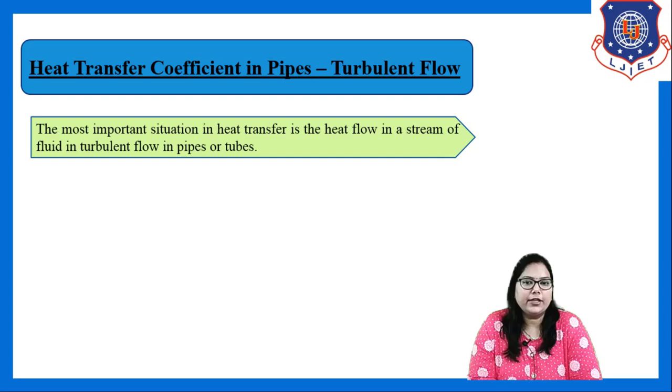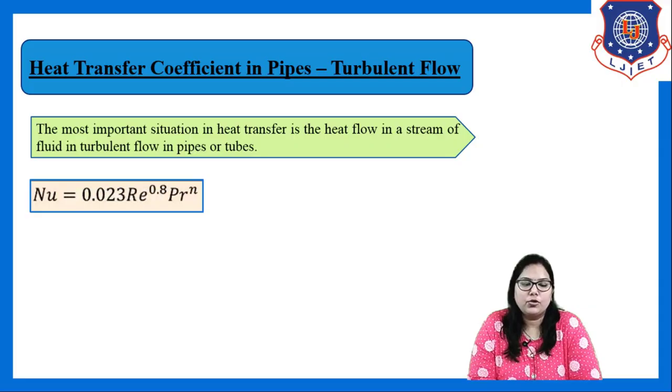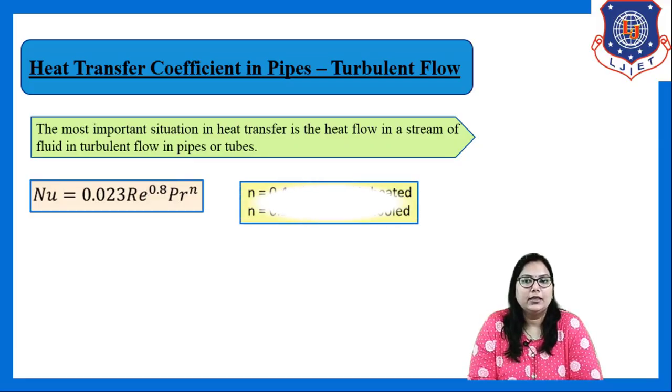In the majority of cases, the type of flow will be turbulent. So when the flow is turbulent, we have to use this equation. Nu is equal to 0.023 NRe raised to 0.8 and NPr raised to n. Here n is a constant value. So what is the value of that?